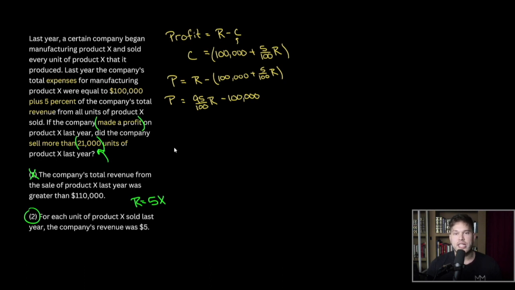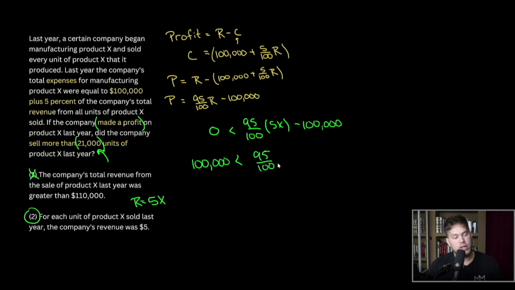Since we did make a profit, that implies that 95% of our revenue, and of course our revenue is 5x, minus 100,000 is going to be greater than 0. Now we can add 100,000 to both sides, and we have 100,000 is less than 95% of revenue, which is 5 times the number of units sold.